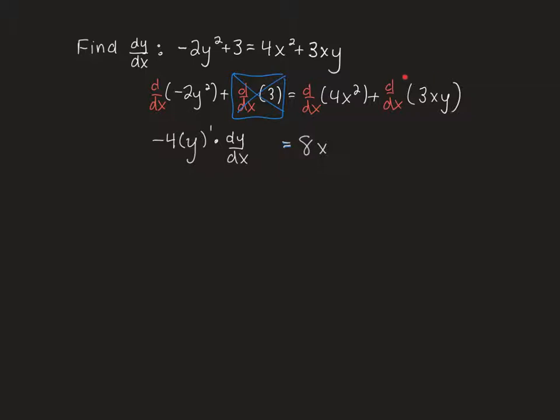And then my last derivative over here, I actually have a product. You can look at it in different ways, but I'm going to treat this as 3x times y. So when I go through my product rule, 3x is my first, and that y is my second. I'm going to run myself through this product rule.